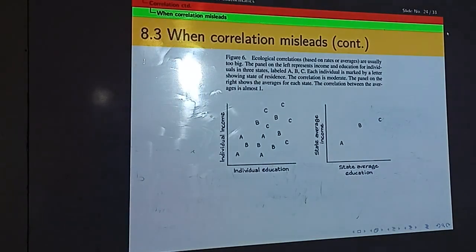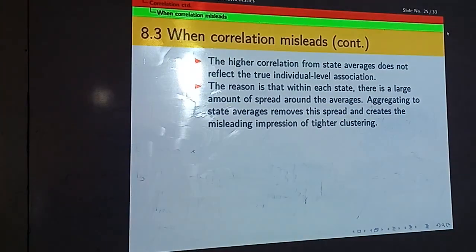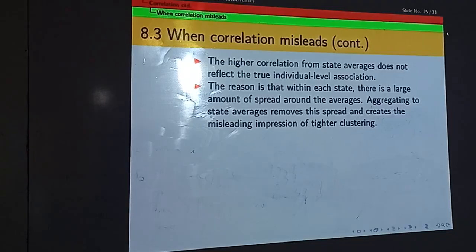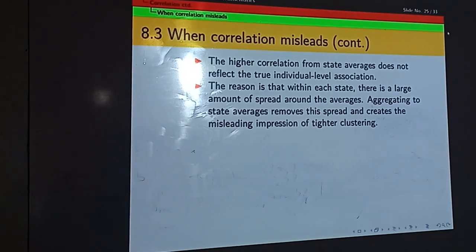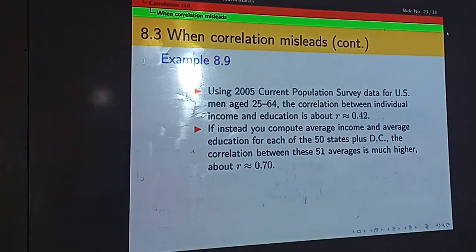Okay, the similar thing here, for example, again. The higher correlation from, what is this example? Okay, we have population survey data from US, mean age 24 to 64, correlation between individual income and education, right?